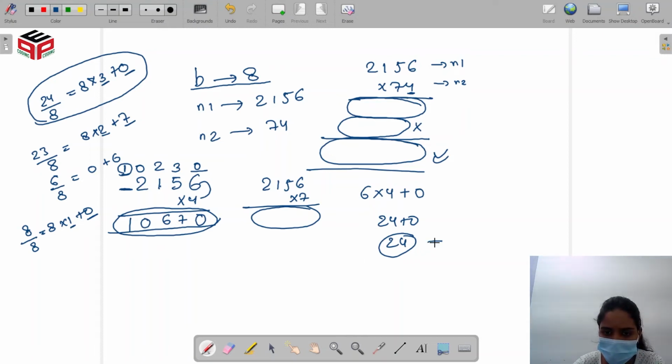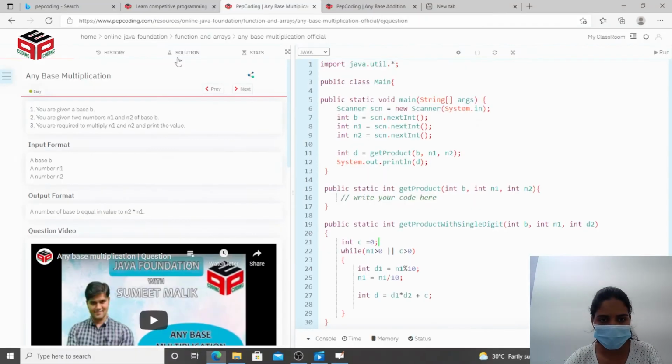This is my D. This is what we are receiving in D. So when we divide this D by base, we are getting the quotient. Whatever quotient we have will be the carry, and whatever remainder we have will be the new digit. Fine. Okay.